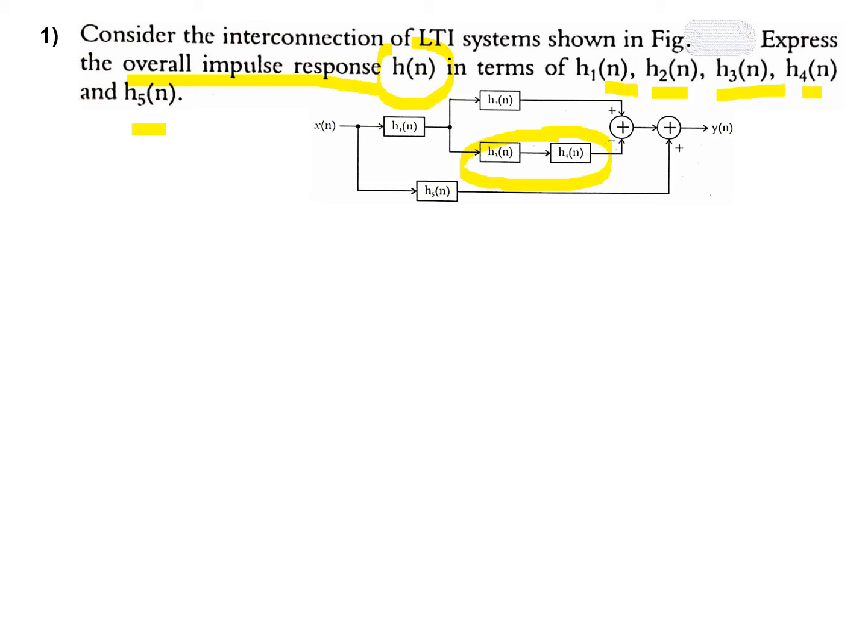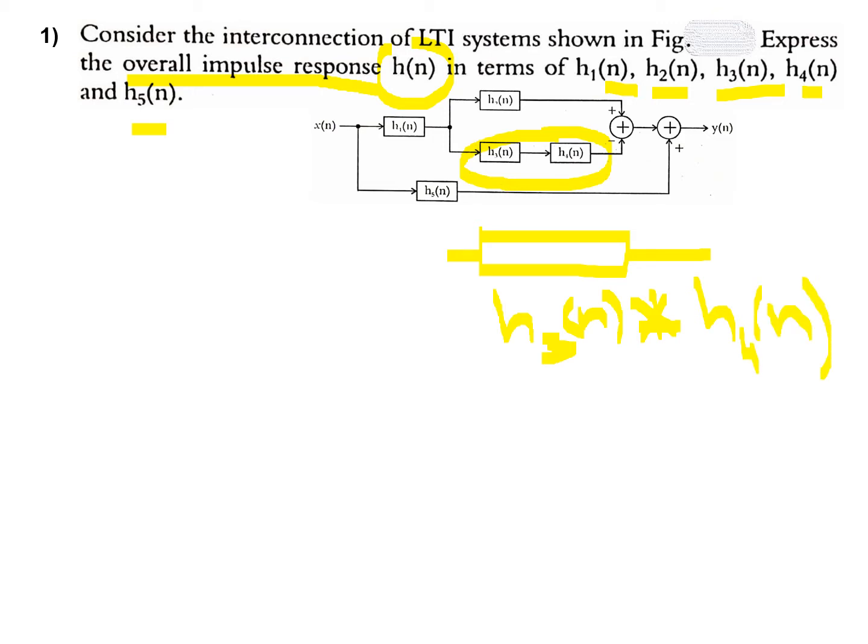I can represent a single system in the cascade form, that is by using impulse responses in cascade. I know that whenever two impulse responses are in cascade, the overall impulse response is convolution between them. That is, in this case, it is h3 of n convolution h4 of n. I can replace this block by this single block, isn't it?